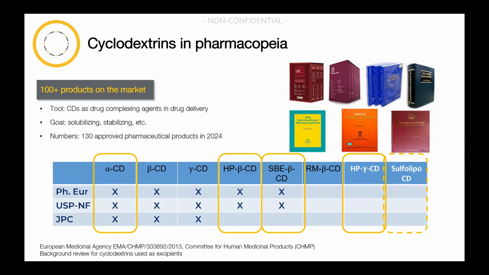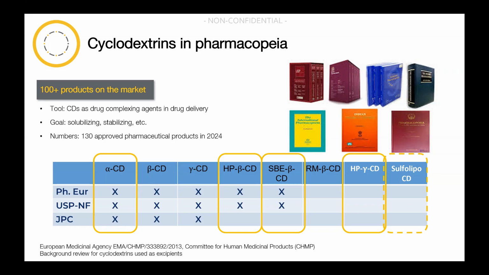You can see the orange bracket that shows which cyclodextrins are used in parenteral formulations, and you can see that sulfolipo is circled with a dashed line because it is not used in humans, only in vaccine adjuvants for veterinary use.